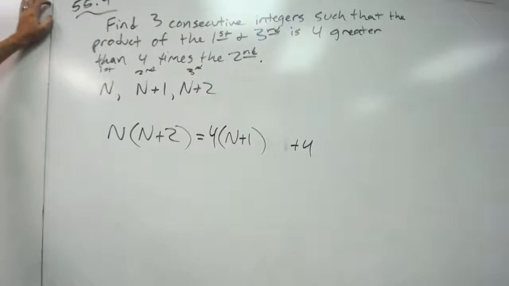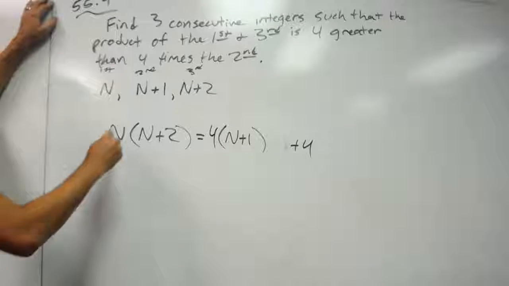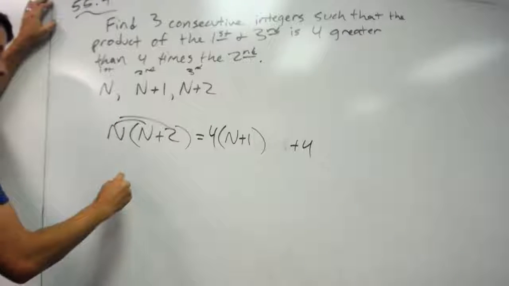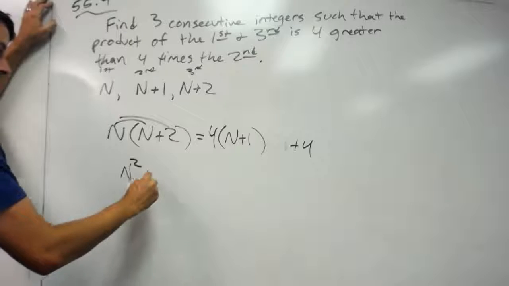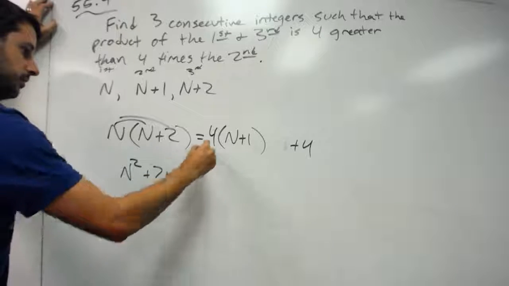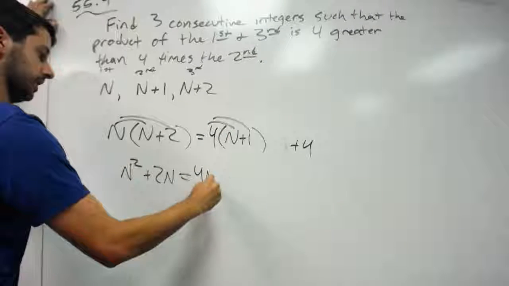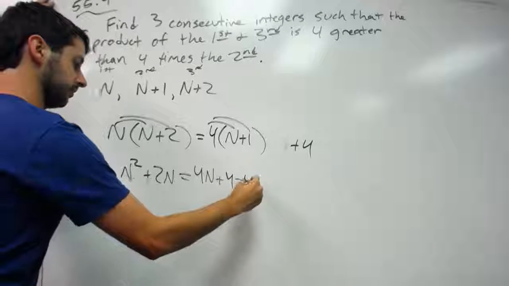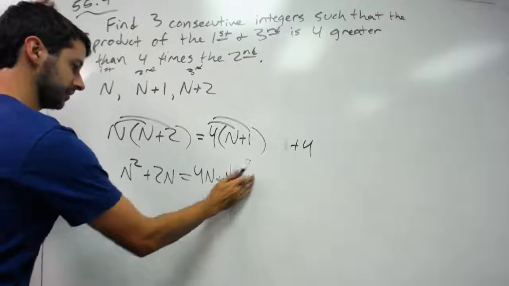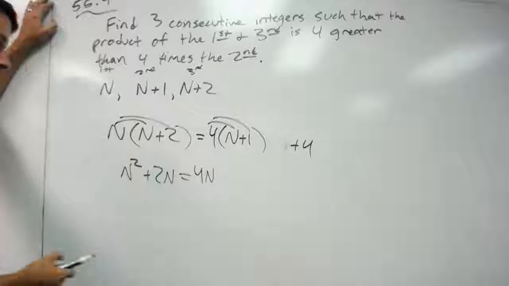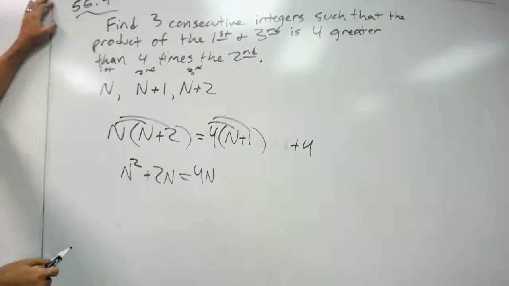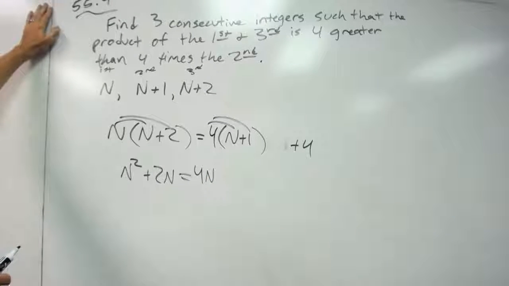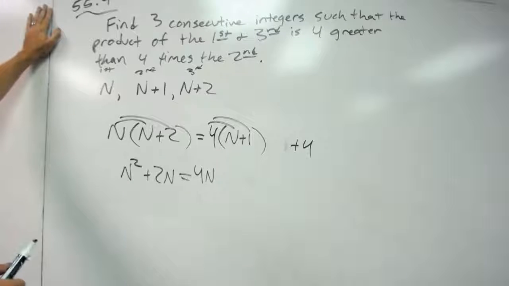And that's where we're at. Now we solve. Got to distribute the n, get n squared plus 2n equals 4n plus 4 minus 4. Those cancel. That's awesome. Lots to deal with. So then we are left with, sorry, I lost my place in the book.